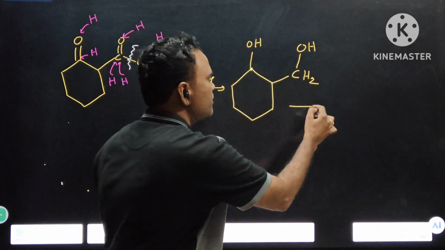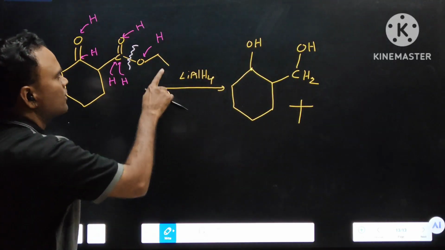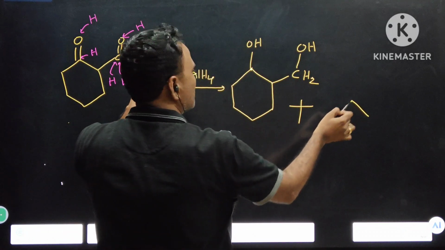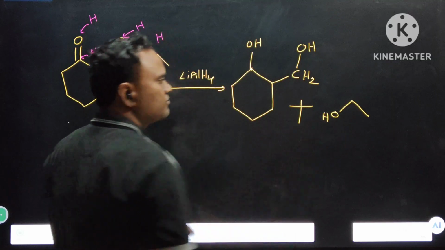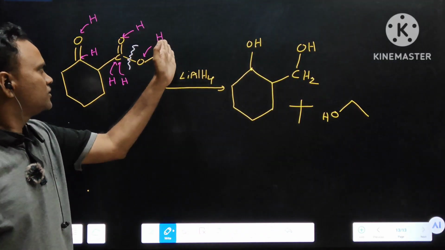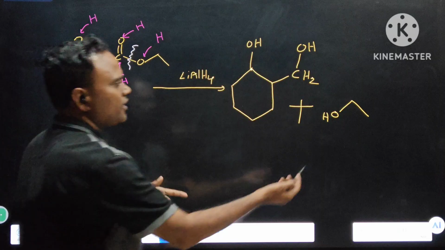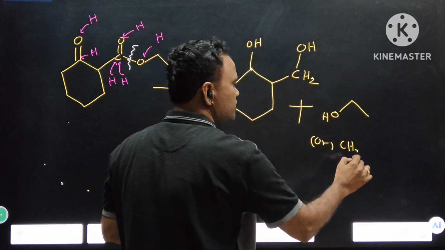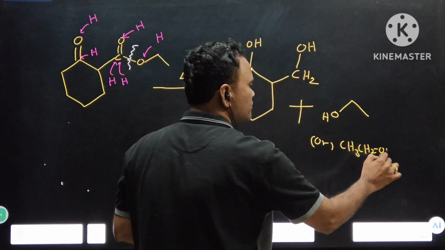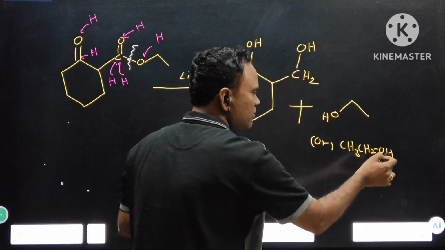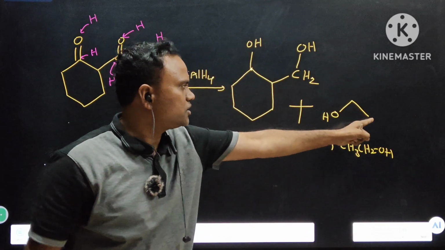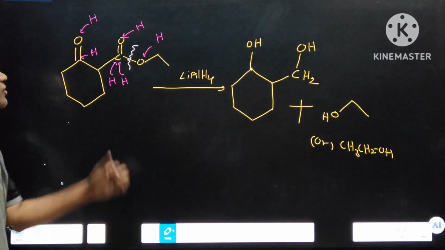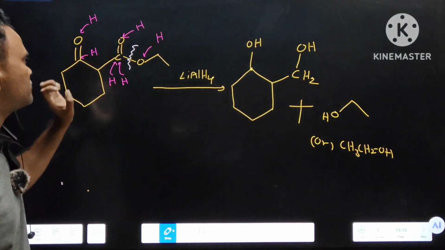This is one compound plus C, one line, another line OH. Or you can write like this also. This is CH3CH2OH only, no? This compound is ethanol. CH3CH2OH. This is the product.